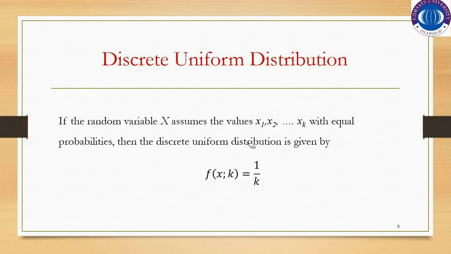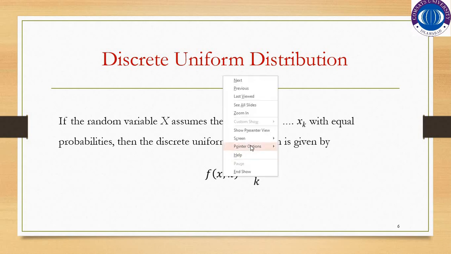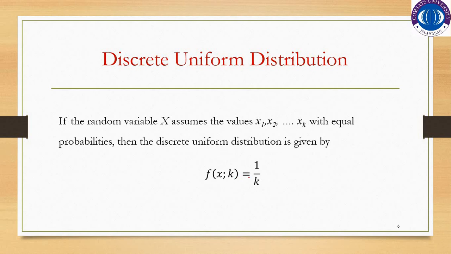If the random variable x assumes the values x1, x2 up to some particular value xk with equal probabilities, then the discrete uniform distribution is given by f of x, k, which is equal to 1 by k.